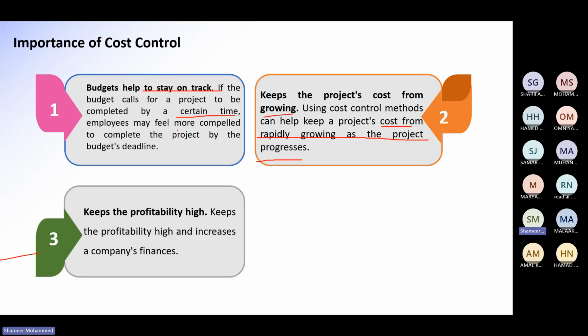Also you can earn more profit if you control the cost of the project. You have more profit, that means more income. So you can generate high profit from that project, which will help you to improve the company's finances. That's why it is very important to control the cost of the project.